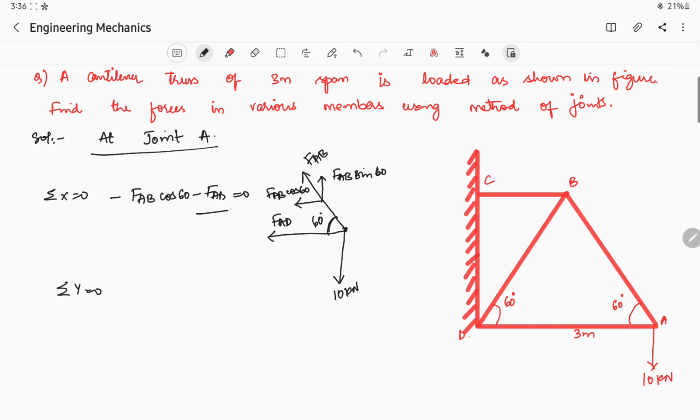We'll name this as equation number 1. That implies FAB is equal to 0 in this check, force in member AB. Sigma y is equal to 0: minus 10 plus FAB sine 60 is equal to 0. So force in member AB is equal to 10 by sine 60, which is 11.54 kilonewton.